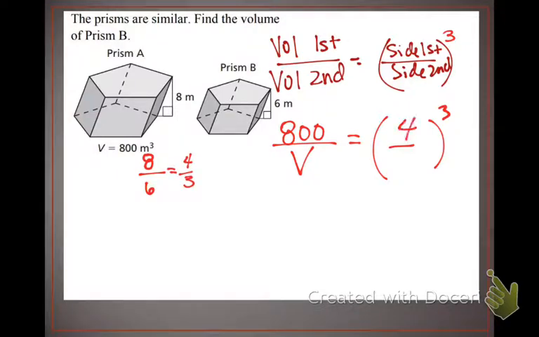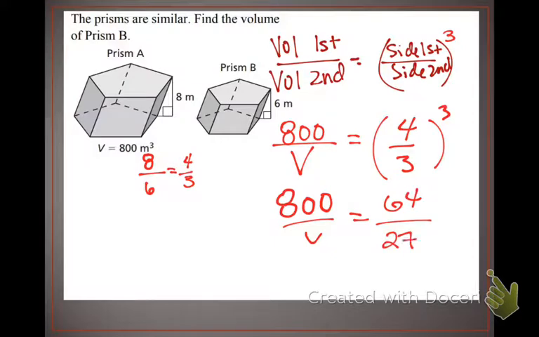Why does it help to reduce? Yeah, so they're a lot smaller numbers because 8 cubed is like 500 something. 6 cubed is 200 something. So 4 cubed is 4 times 4 times 4. So that is 64. 3 cubed is 27. Once we have it set up like this, what do we do? Cross multiply. 64V equals, it's either 21,000 or 12,600.